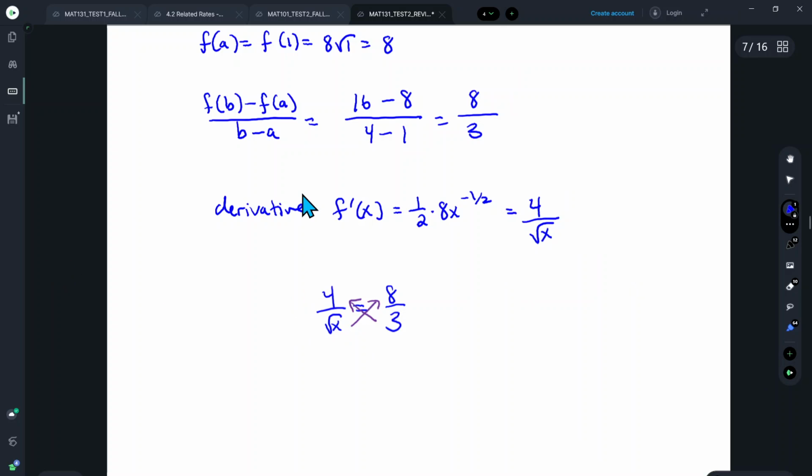Four times 3 is 12, and that equals 8 times square root of x, or 8 square root of x.